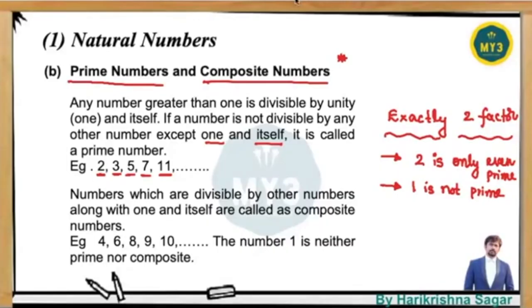So let me take a new page and explain this. Prime numbers. So what are prime numbers? In very simple words, prime numbers are nothing but numbers which are divisible by 1 and itself.